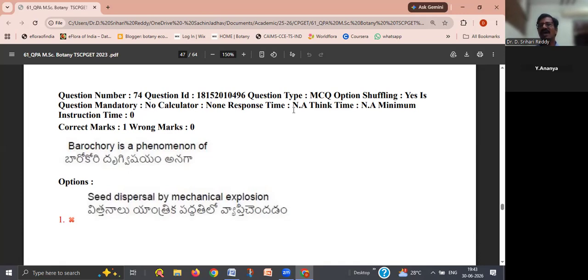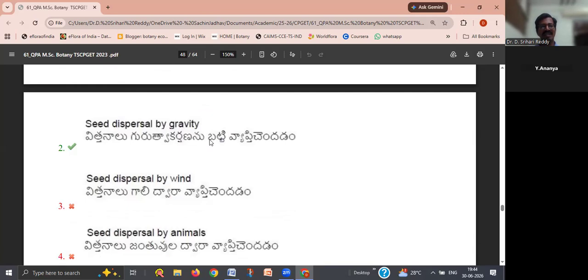And in some cases there is an explosive mechanism. In Ecbolium, which belongs to Cucurbitaceae, the fruit explodes like a bomb and all the seeds are dispersed with very high speed. That is called the explosive mechanism. An example is Ecbolium. So you have to remember all these.